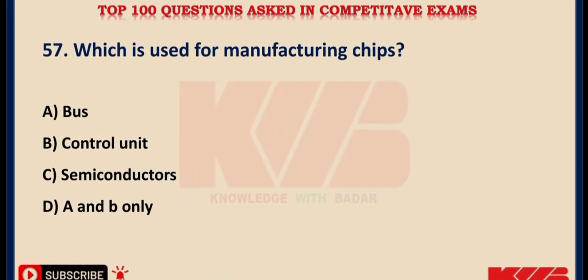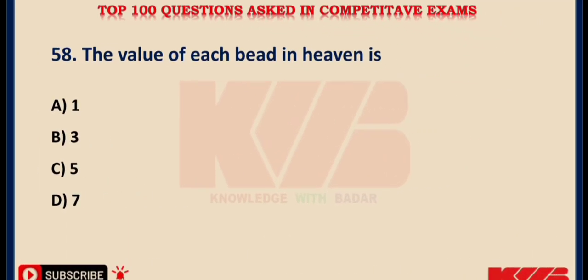Next question. Which is used for manufacturing the chips? Bus, control unit, semiconductors, or A and B only? The correct answer is semiconductors. Semiconductors are used for manufacturing of chips. The value of each bit in hex is 1, 3, 5, or 7.